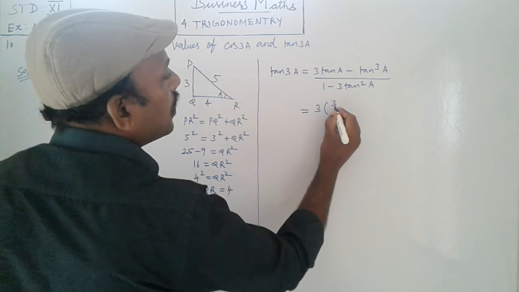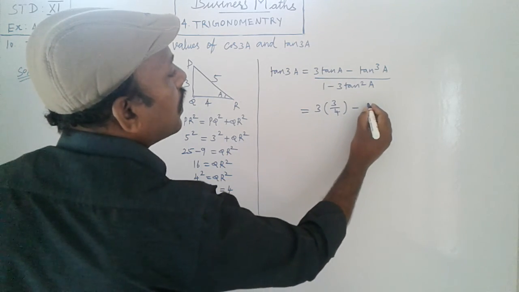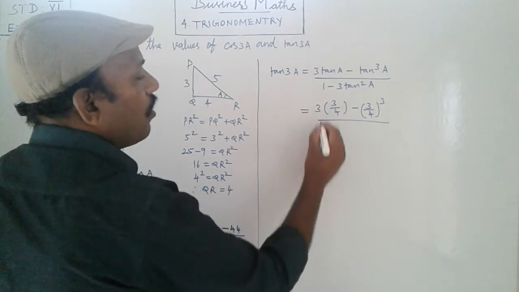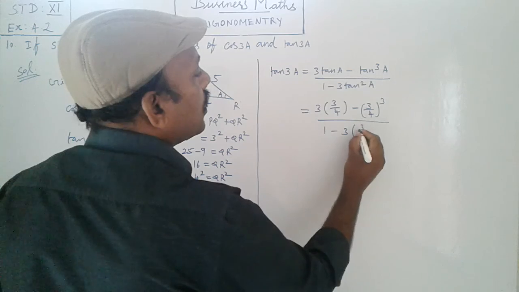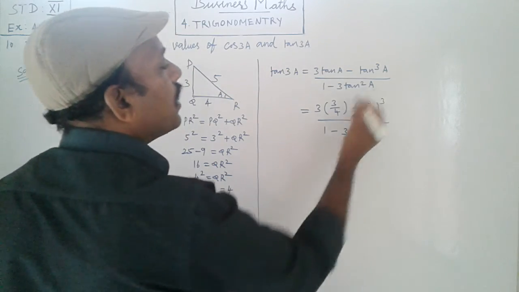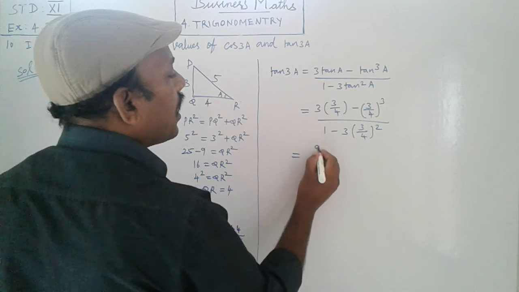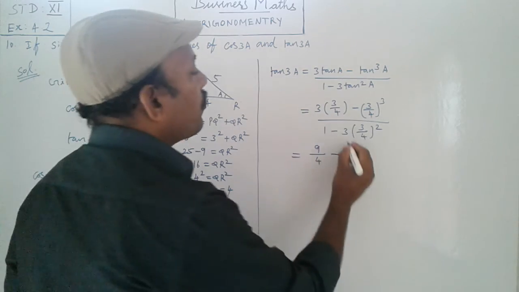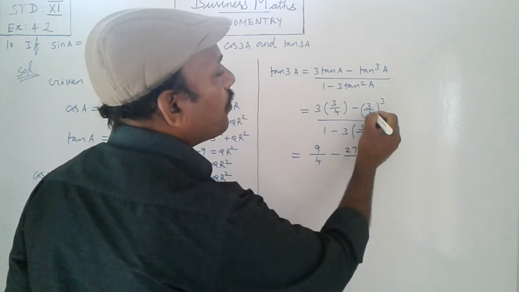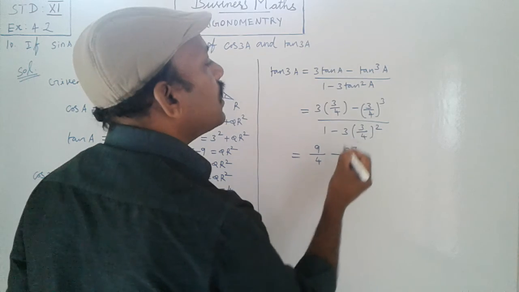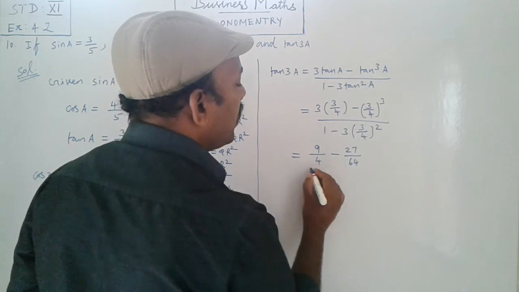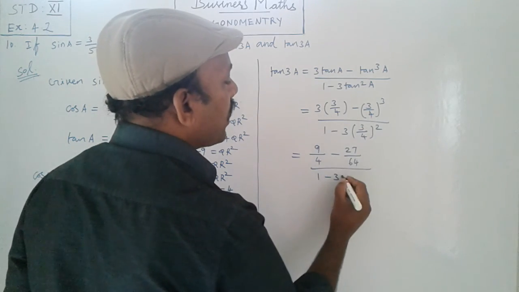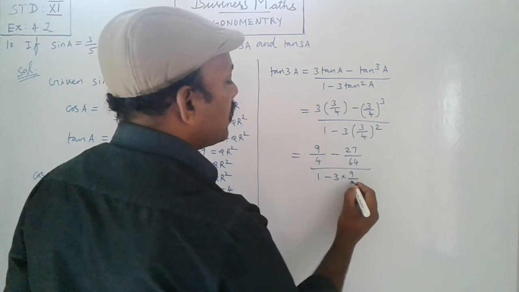So 3 into 3 by 4 minus 3 by 4 whole cube, divided by 1 minus 3 into 3 by 4 whole square. So 3 3s are 9 divided by 4, minus 3 cube is 27 divided by 4 cube is 64, divided by 1 minus 3 into 3 square is 9, 4 square is 16.